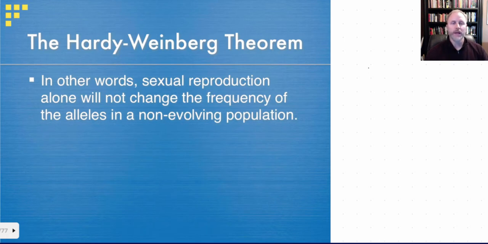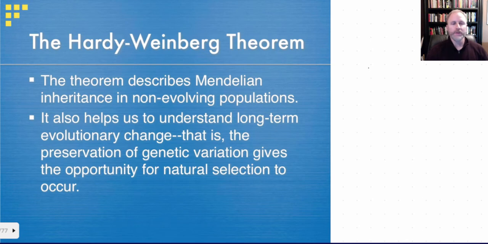So sexual reproduction alone will not change the frequency of the alleles in a non-evolving population, because if you recall from the meiosis material we learned about last year, segregation and independent assortment are what's really shuffling the genes, aside from crossing over and the other things. So this theorem is looking at Mendelian inheritance in a non-evolving population, and it helps us understand the long-term evolutionary change that's occurring.